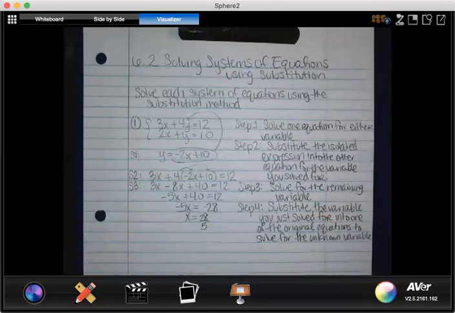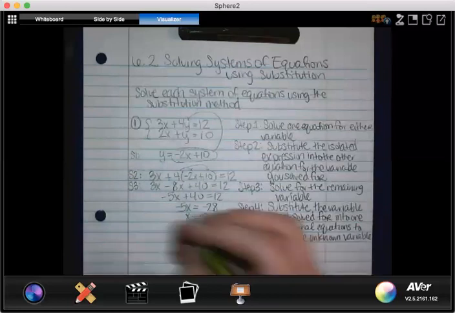We're going to substitute the variable that we just solved for into one of the original equations to solve for the unknown variable. So we now know what x is. Now we need to figure out what y is. Now, does it matter which one we substitute it into? No. But we do need to substitute it into one of the original ones.